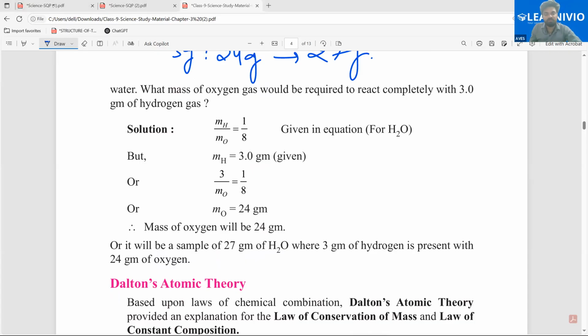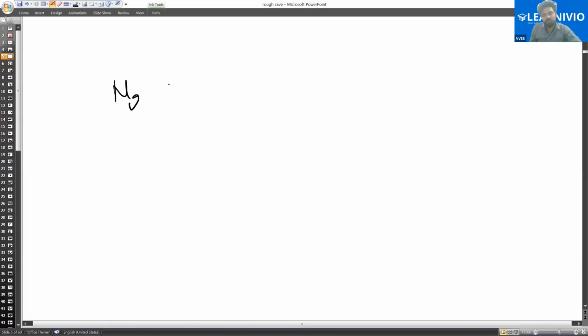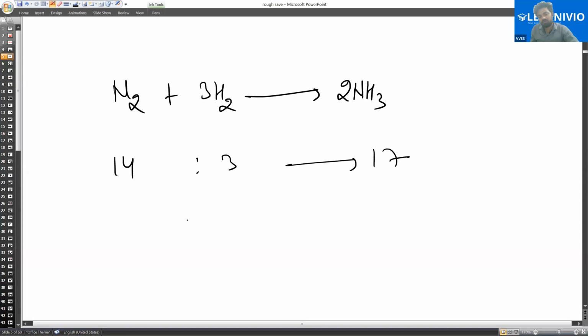I'm saying that N2 plus 3H2 gives you 2NH3. The simplest ratio of this is 14:3:17. The simplest ratio is given here.